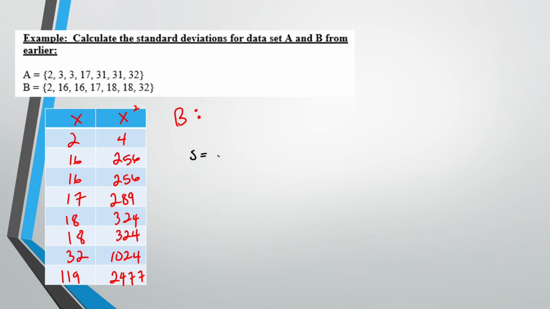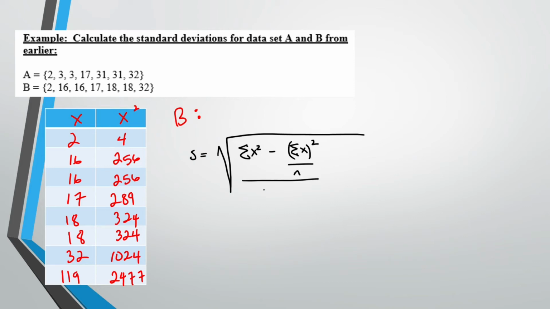The sample standard deviation is equal to the square root of the summation of x squared minus the summation of x quantity squared divided by n, and that's divided by n minus 1.